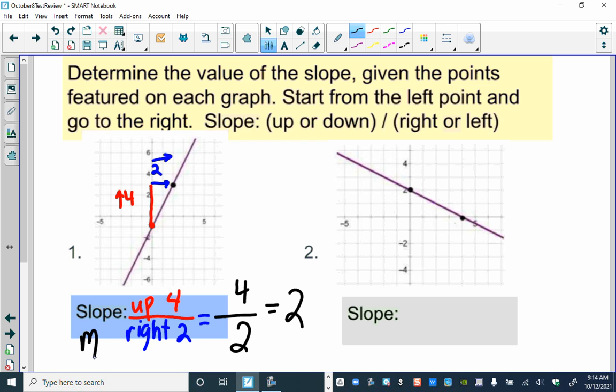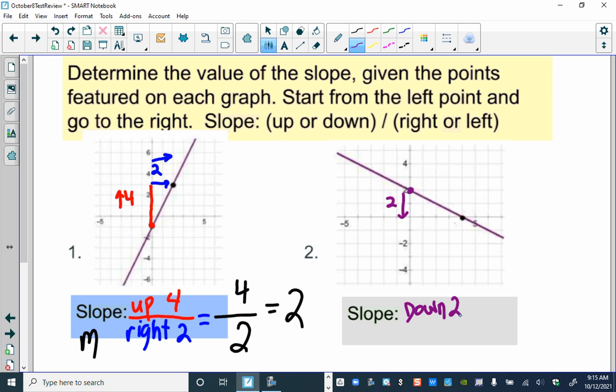Now similarly, we're going to do this one. Start at this point here. We're going up or down first. How far down? Down 2. You went down 2.